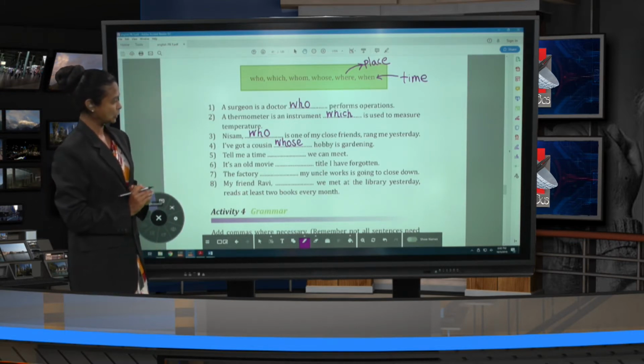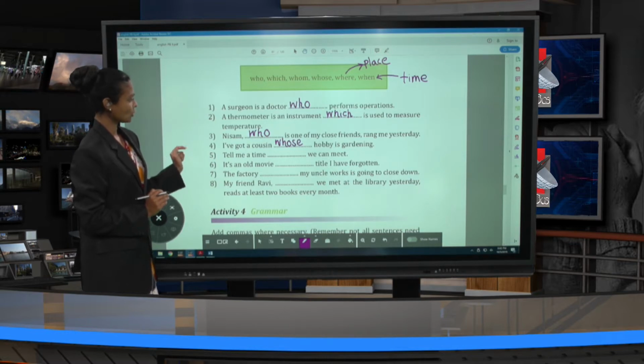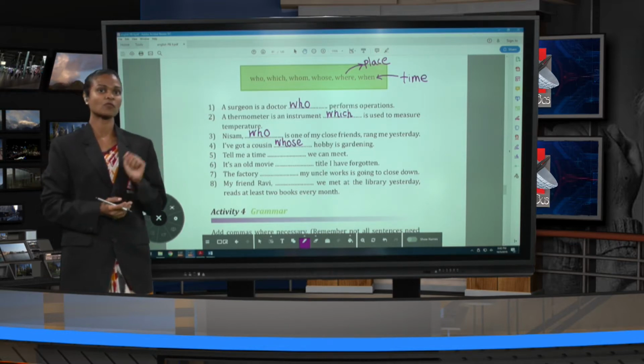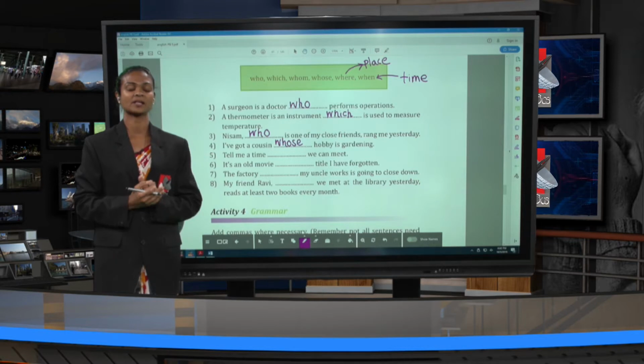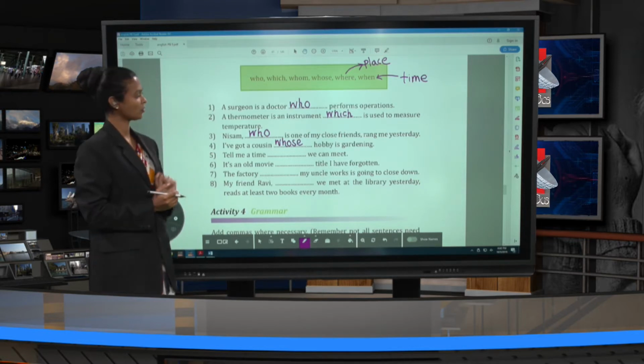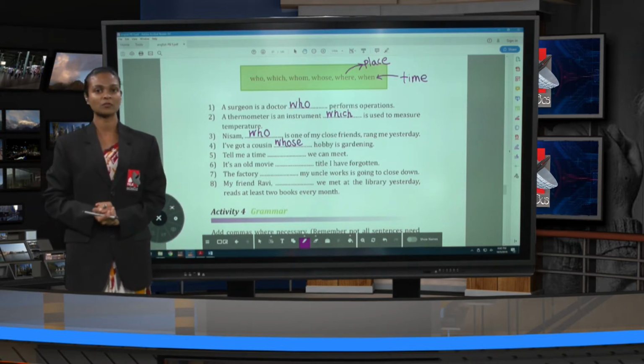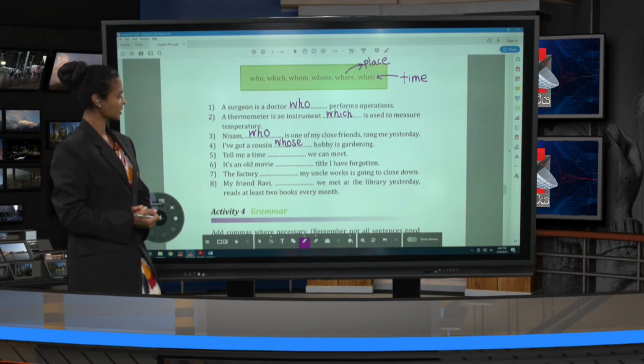Now, you will go through the other sentences from 5 to 8 and guess the relative pronoun for each one. I will give you only some time.